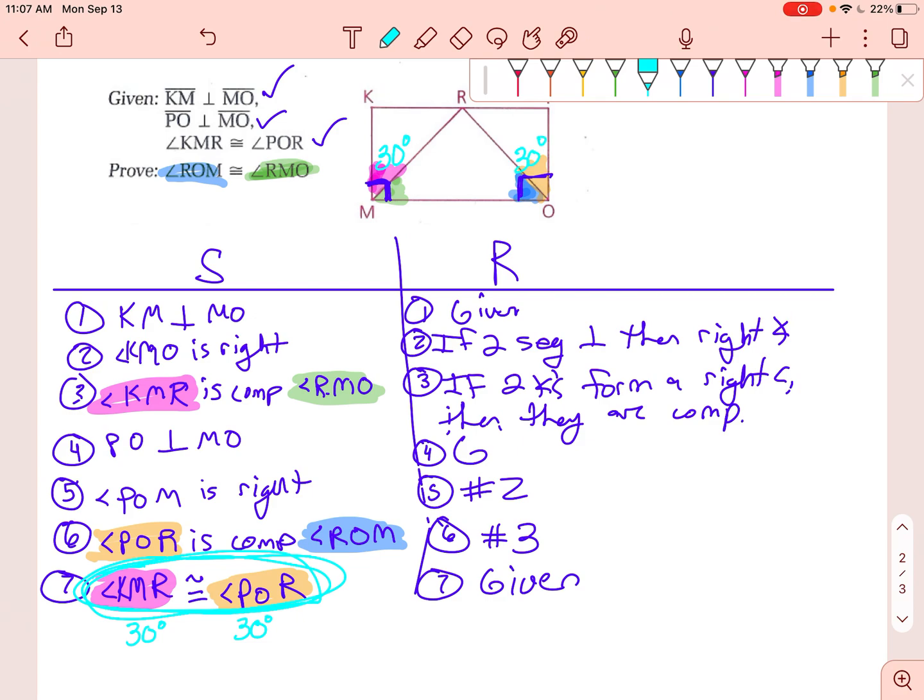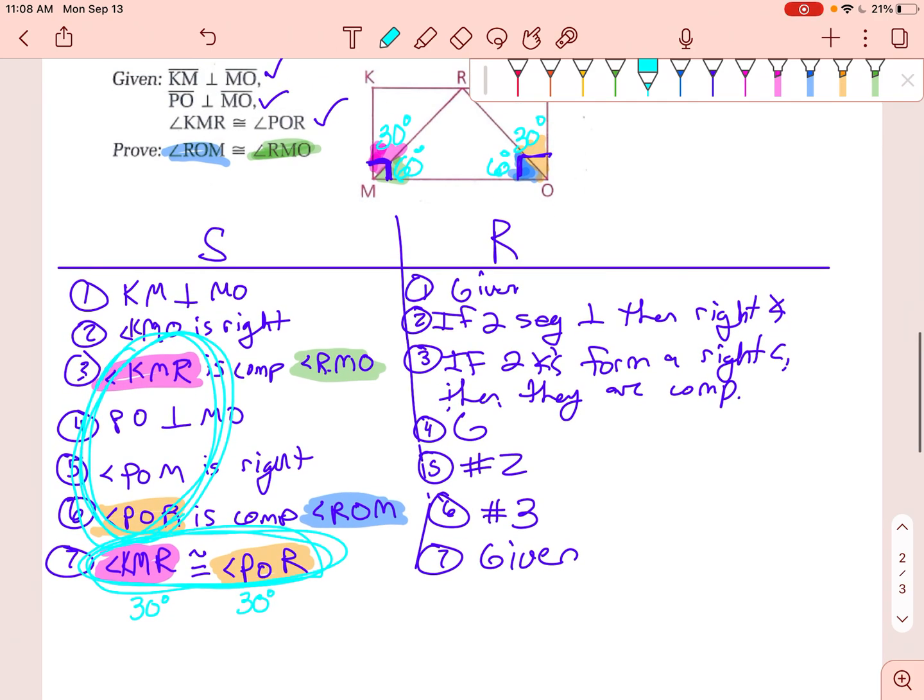If the pink and the orange are 30, and those are right angles, how big would the blue and the green have to be? Right, 60. So isn't it true then that the blue angle, angle ROM, has to equal the green angle, angle RMO?